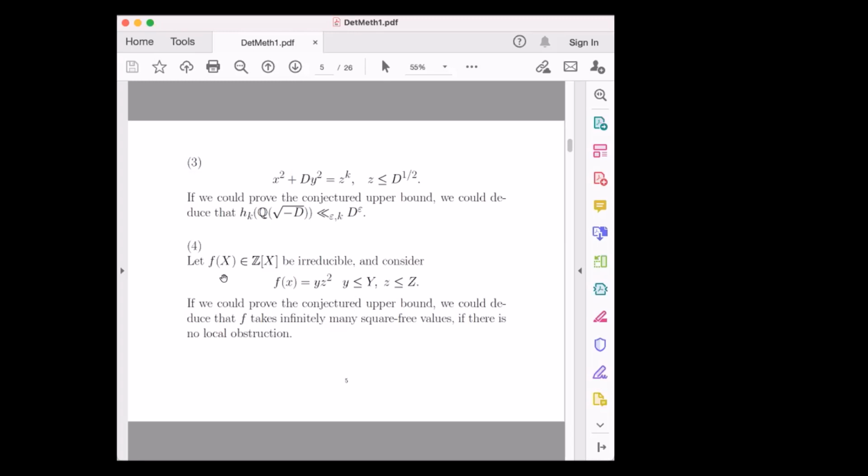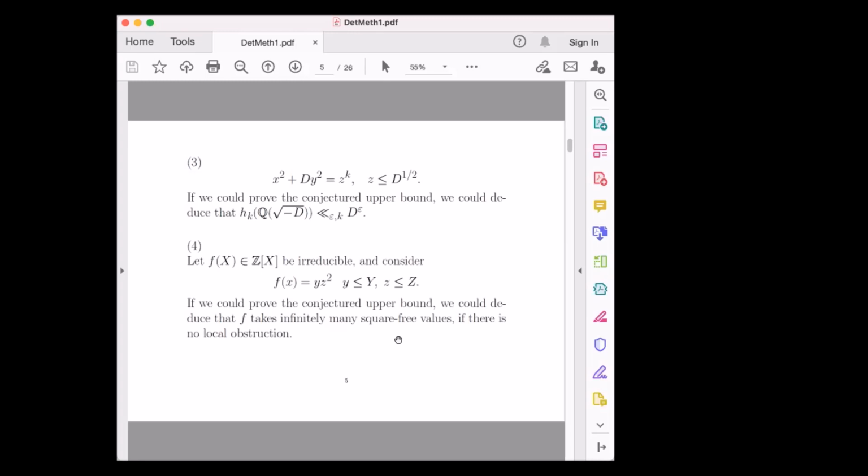Here's another arithmetic question. If you take an irreducible polynomial f and consider the equation f of x equals y z squared with size constraints on the integers y and z, again, if you could prove the conjectured upper bound, we'd be able to establish the old conjecture that f takes infinitely many square-free values if there's no local obstruction.